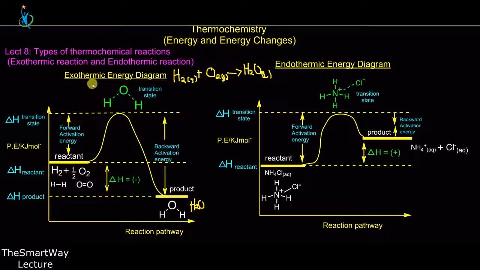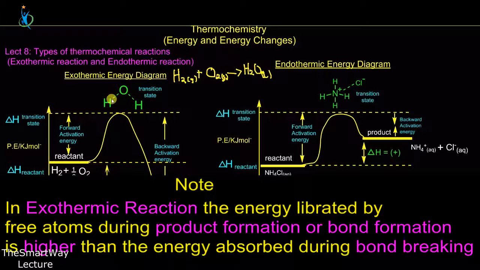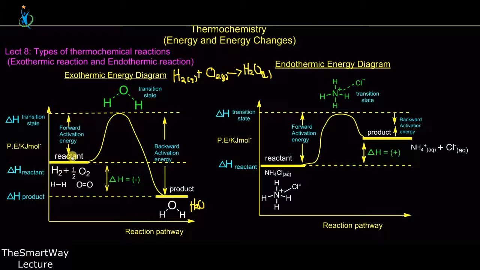And in an exothermic reaction, the energy that is liberated to the surrounding as a result of the combination of these atoms is higher than the energy that was absorbed by the reactant. In this case, you can see that the excess energy goes into the surrounding, and so the surrounding tends to increase in energy, or the reaction will give off energy.